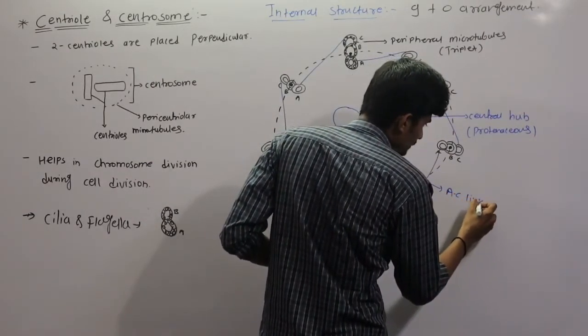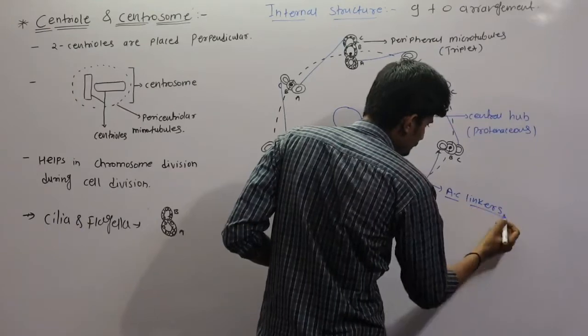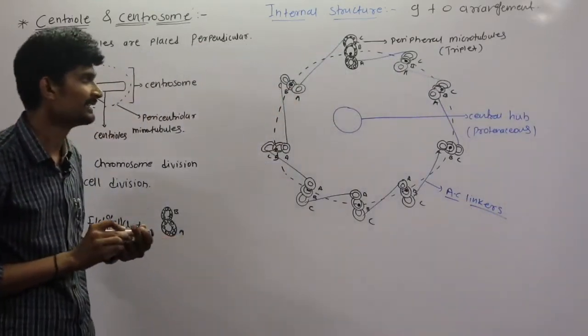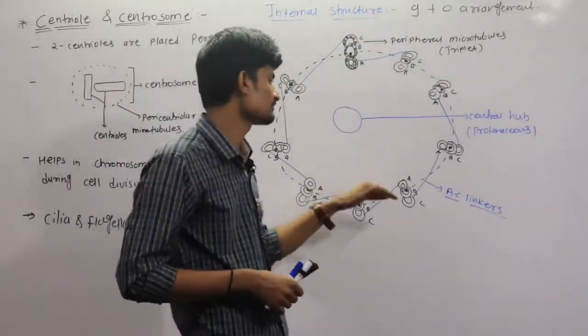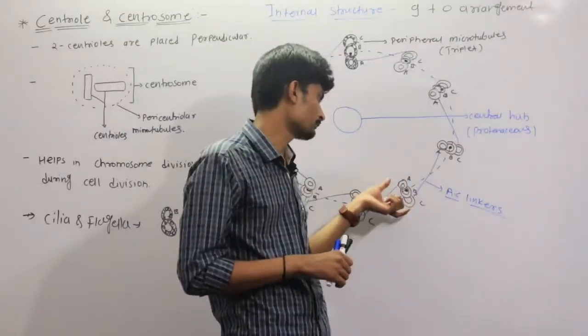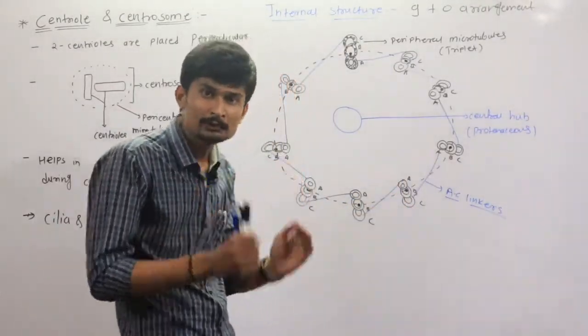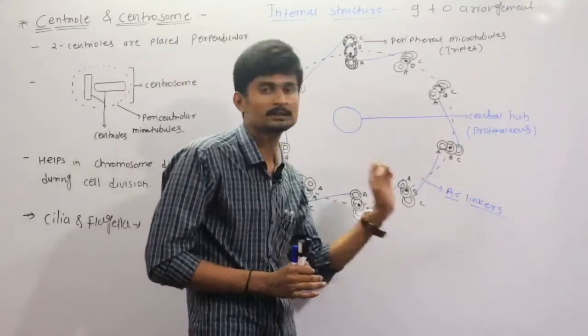Now why is it called an AC linker? Because it connects the A microtubule to the C of the next triplet microtubule. That is why it is called an AC linker.